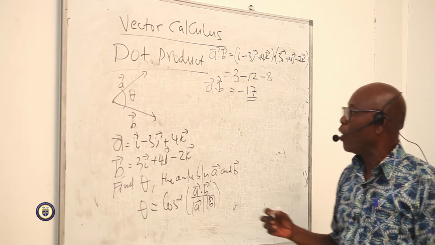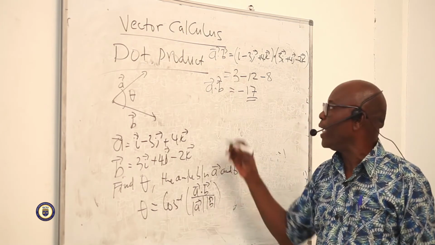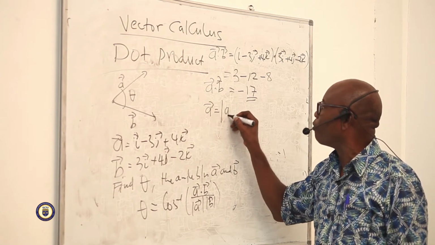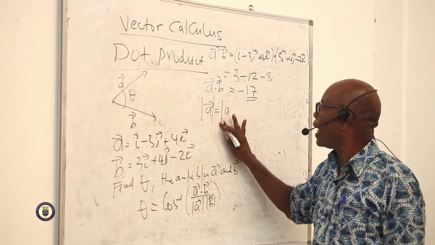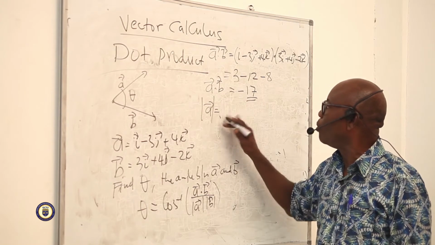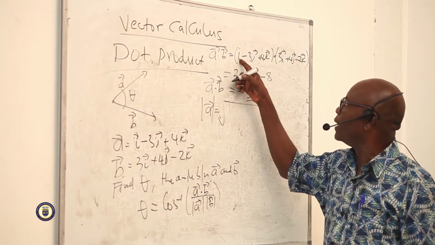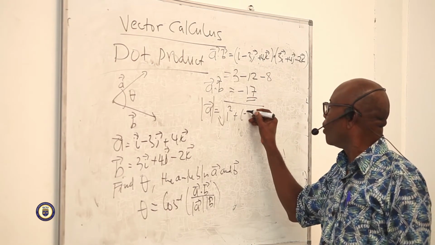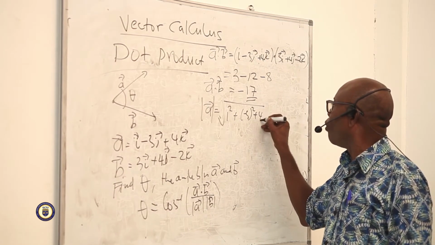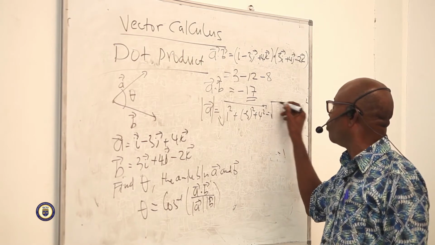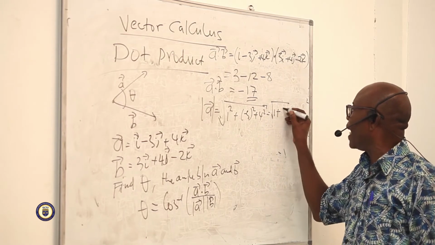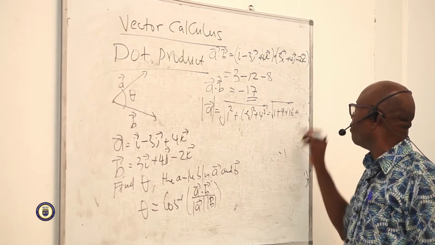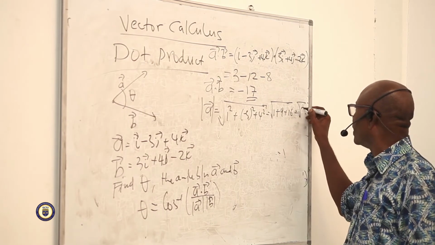And we also need to find the magnitude of A, which is the square root of the square of each component. This is 1 squared plus minus 3 all squared plus 4 squared. That will give the square root of 1 plus 9 plus 16, and that will give us the square root of 26.